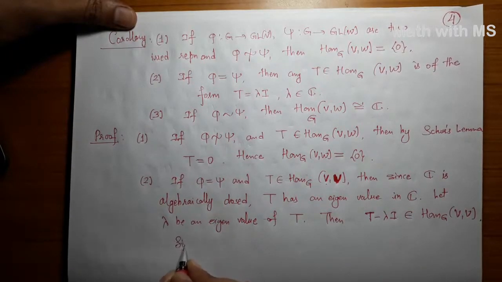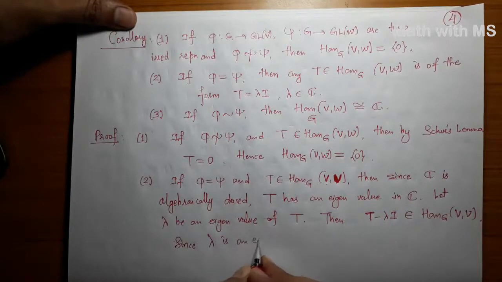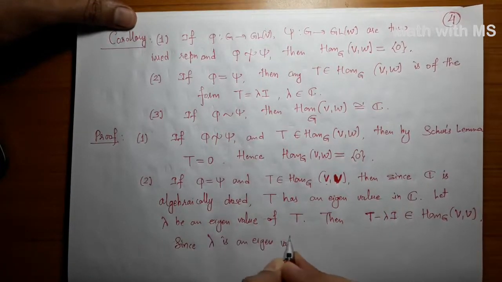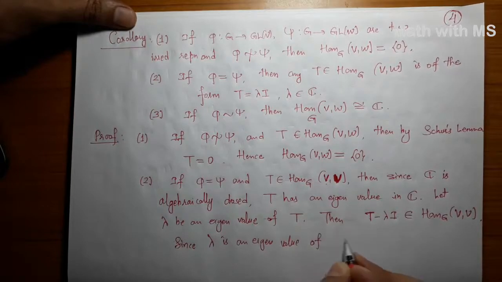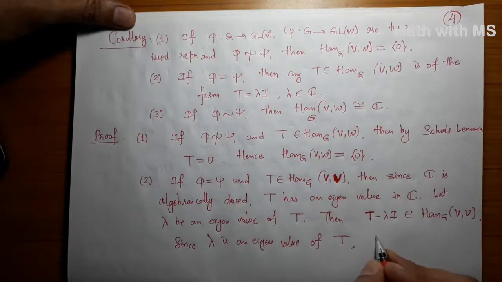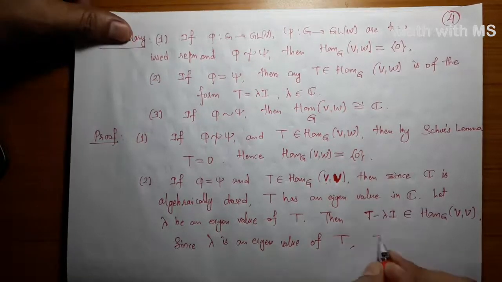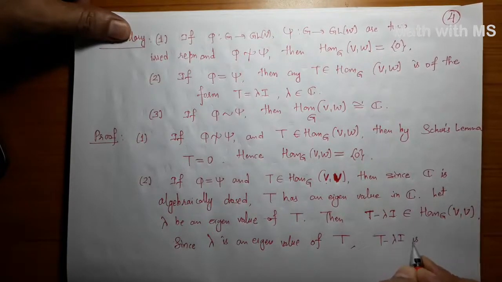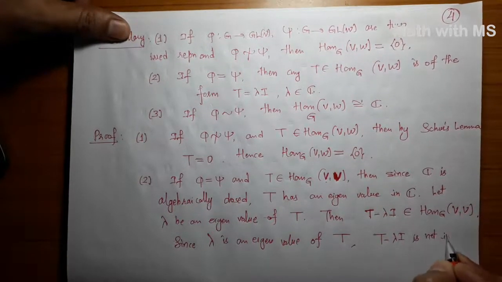So since lambda is an eigenvalue of the operator T, T minus lambda I is not invertible.